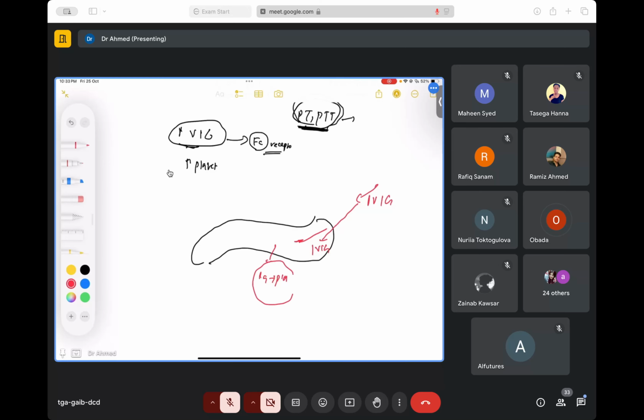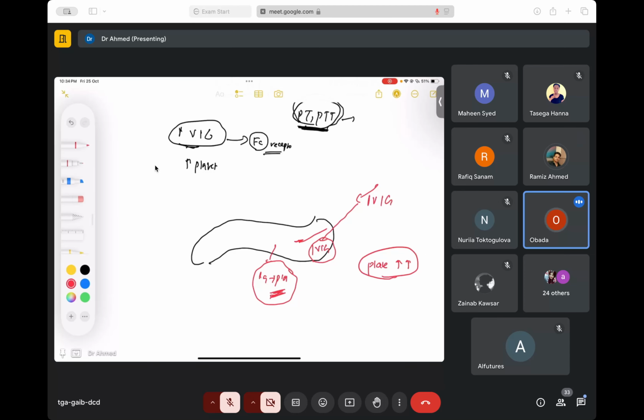So you are basically distracting your spleen so that it does not eat your platelets, and platelets would rise. Did you get the idea of administration of IVIG? It's only for distraction of your spleen. Your spleen is going to eat your IVIG and just leave the platelets.